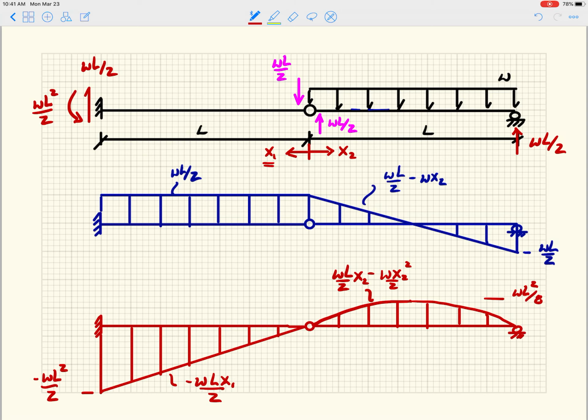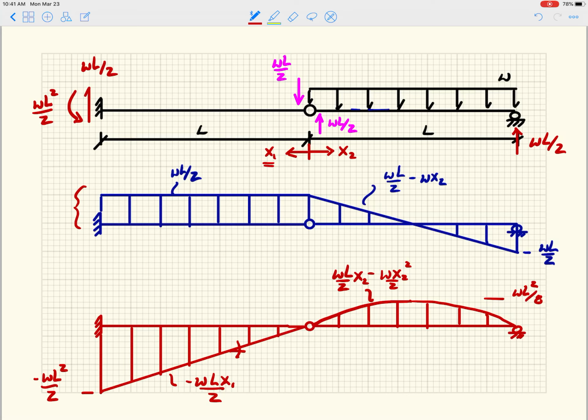So a couple things to note, and we'll make a bigger deal about this in the next lecture where I go through what I'll call a cheat sheet here, is if we look here, again, left to right, don't look at the equations, because our x1 is taken from right to left, which flips the signs. But if we look at the shear diagram here, right, it's a positive WL over 2.